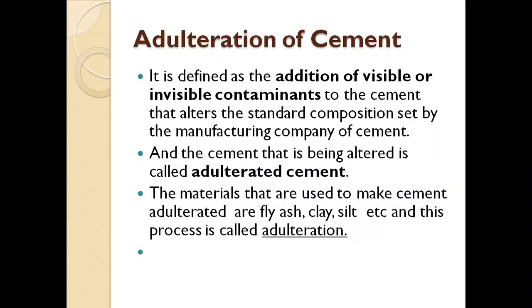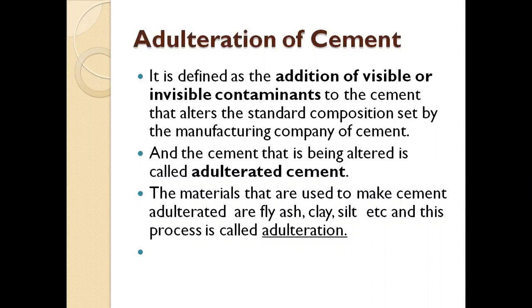The materials that are used to make a cement adulterated are fly ash, clay, silt, etc. And this process is known as adulteration.